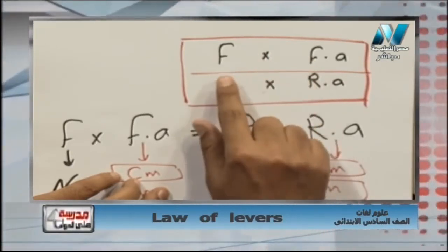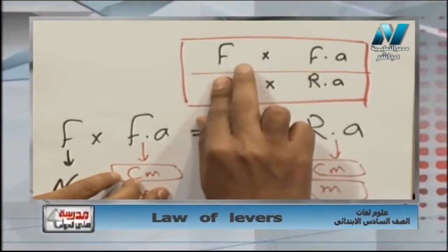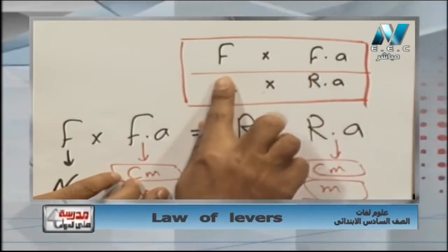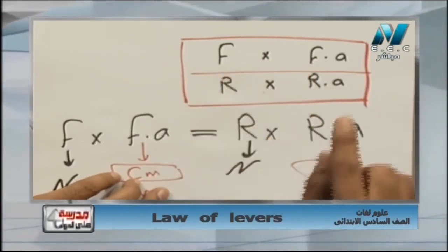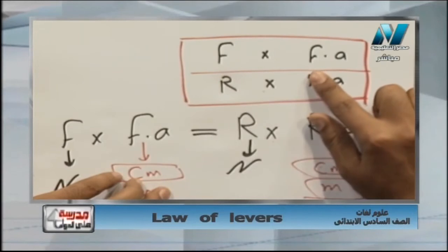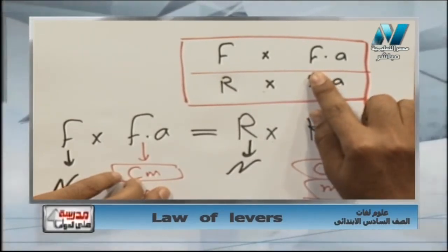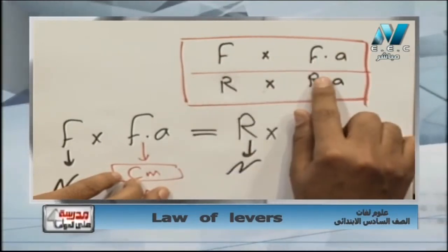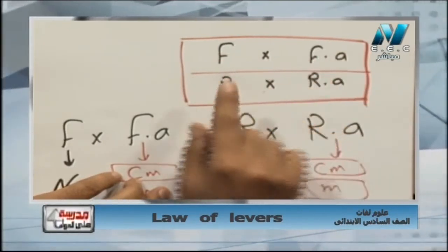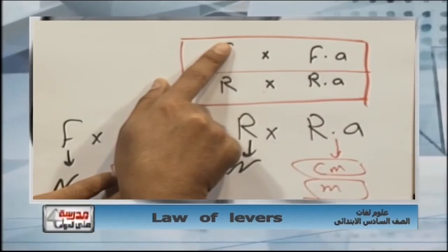To get resistance, you must say force by force arm divided by resistance arm. If he asks me to get resistance arm, you must say force times force arm, this is the complete side, divided by resistance.